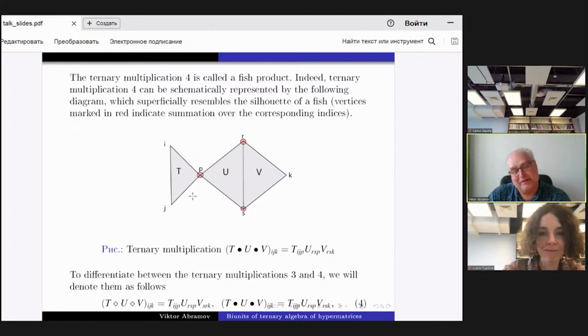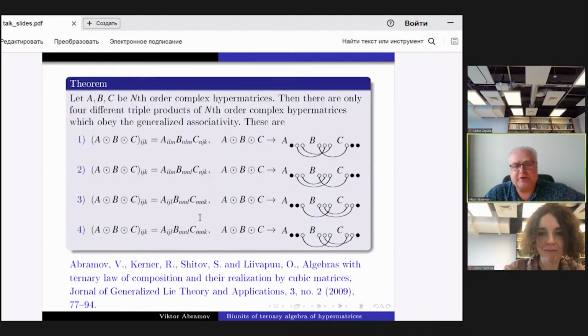But then I understood that if you depict this diagram, with these triangles and the summations marked in red, it actually resembles the silhouette of a fish. But I will consider not the fish product. The fish product is the last one. I will consider the previous one in this talk.